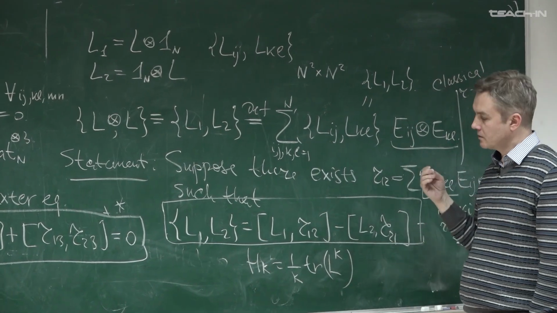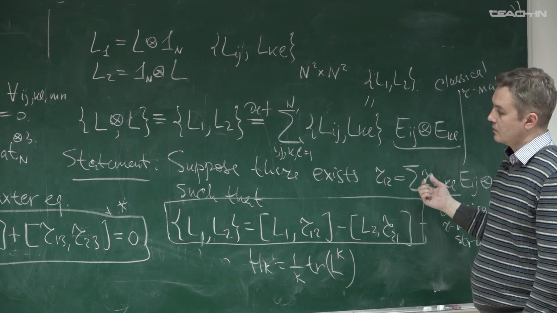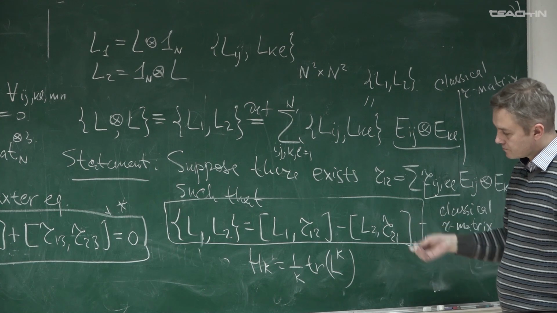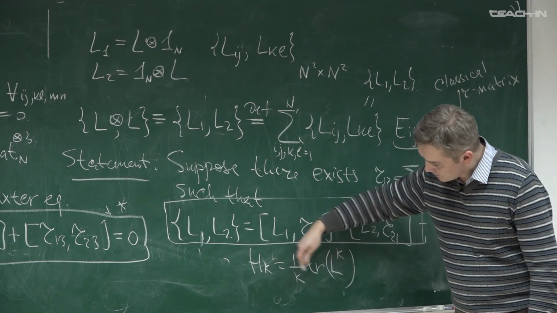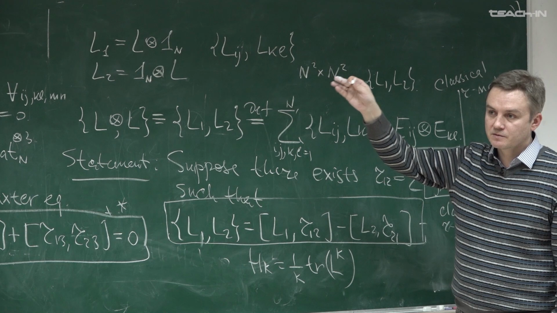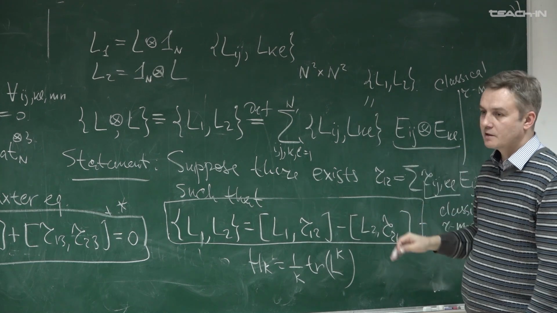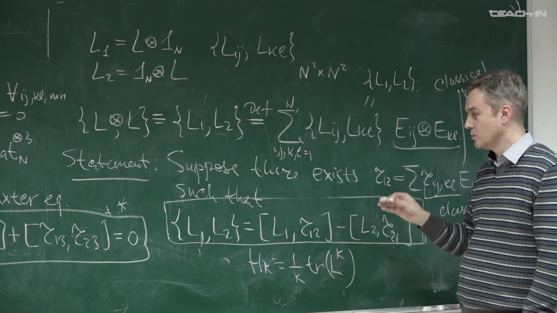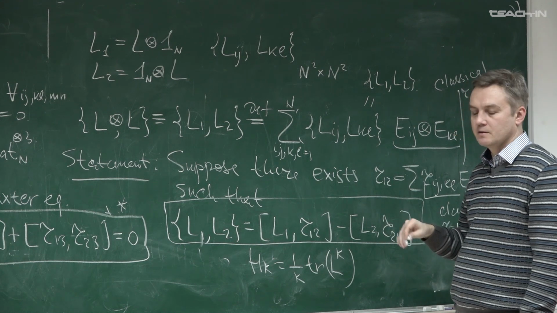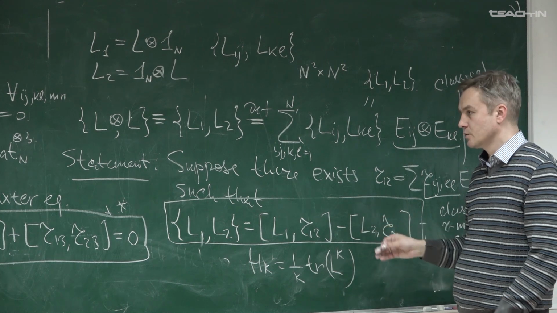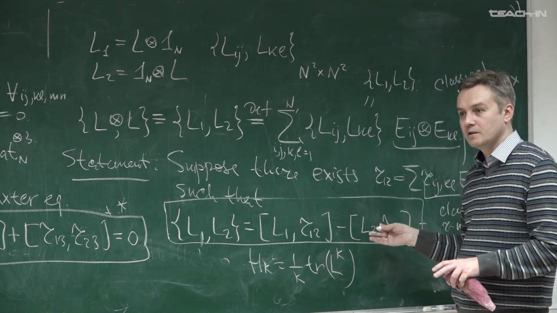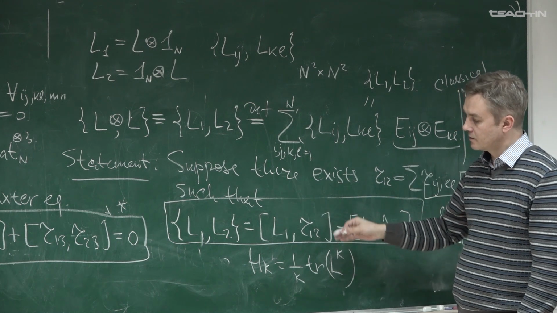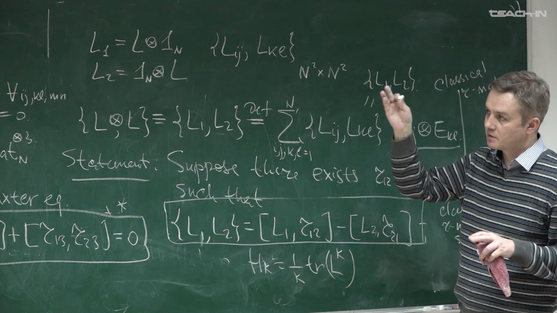So if you find such an object which provides you this relation, then these conservation laws are in involution. At the moment, you may think about it like a miracle, because no one guarantees that you will find it. But if you find such an object, then you obtain the main property of integrability.